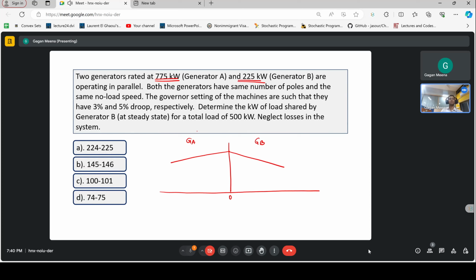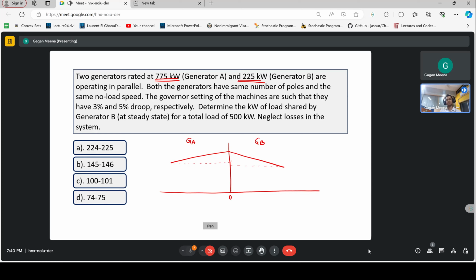Let's say the load shared by generator B is, let's change the color, let's say this is X. So this will be 500 minus X. So you can use the property of similar triangles here.